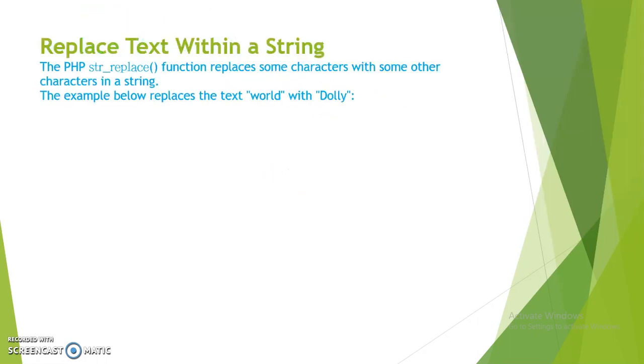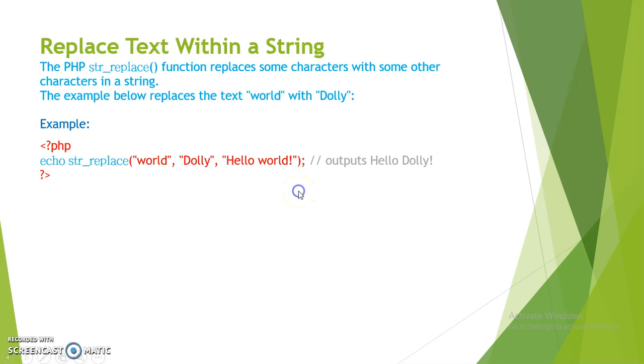Replace text within a string. The PHP str_replace function replaces some characters with some other characters in a string. Let's take a look at it. In this one we'll be replacing. Look at this, this is your function.